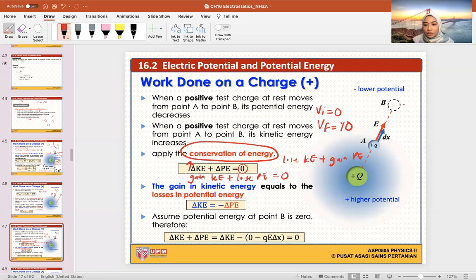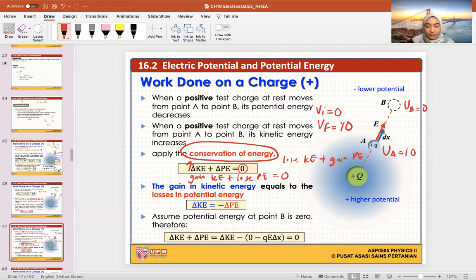Okay, so we are assuming the potential energy at point B is equal to 0. So let's just write that. Potential energy U at B is equal to 0. U at A is equal to something. Let's just say it's 10. Don't know why I like 10.